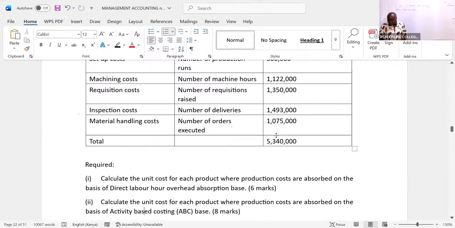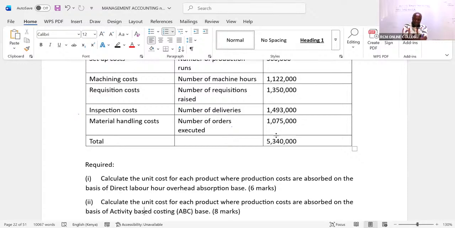They want me to calculate the unit cost for each product where production costs are absorbed on the basis of direct labor hour overhead absorption rate base. Before I go to number 2, when you read number 1, which method are they talking about here?